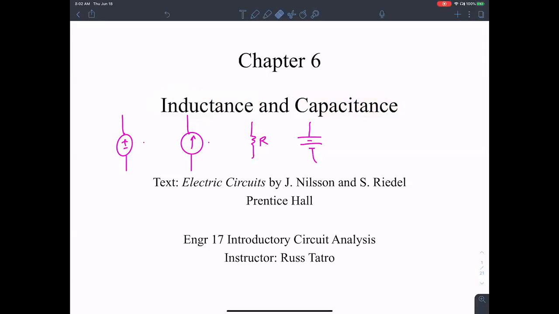So we are going to look at what an inductance is, what a capacitance is, how they behave, and what the relationship is between the voltage and current. This is the idea that you will understand for just about any circuit element that you encounter.